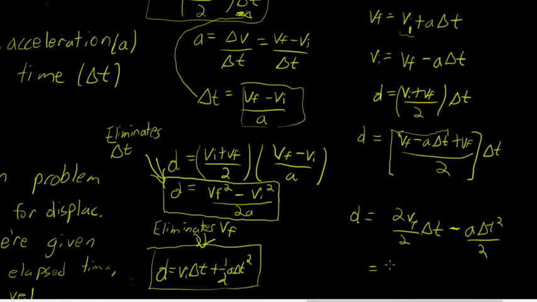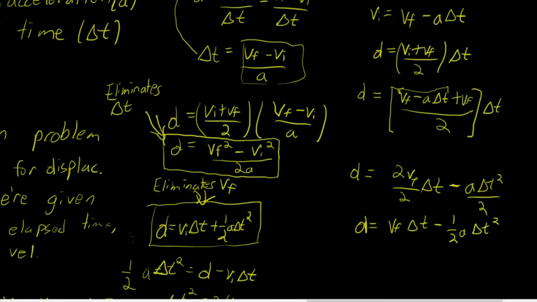So we have v sub f delta t minus 1/2 a delta t squared. And this is our final formula here. This is one that eliminates the initial velocity.